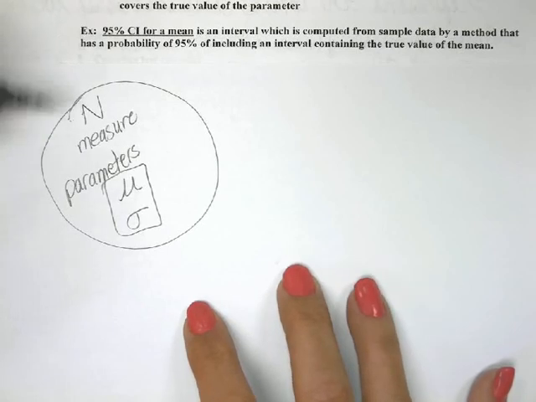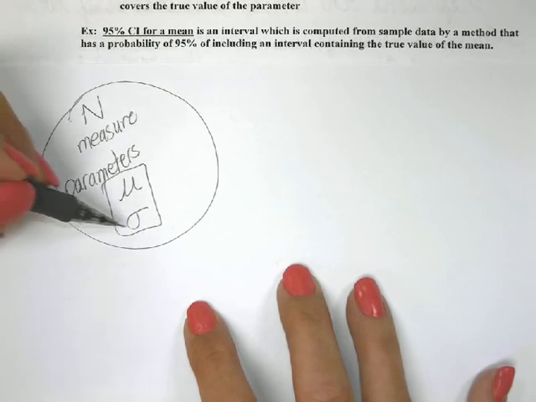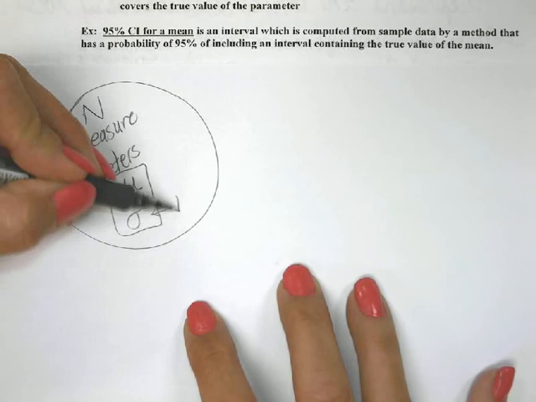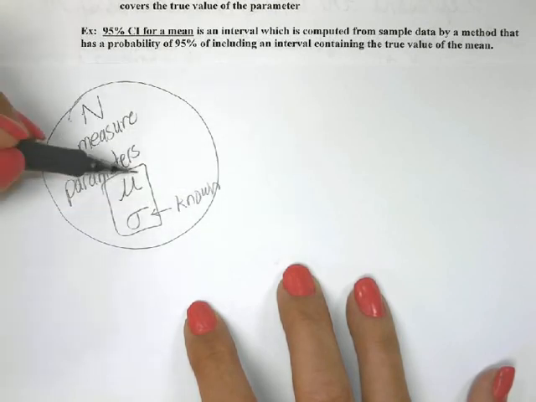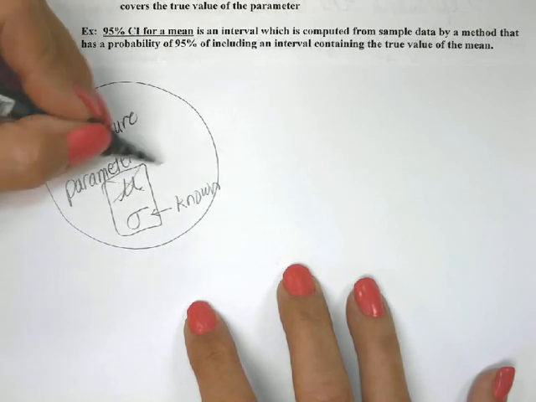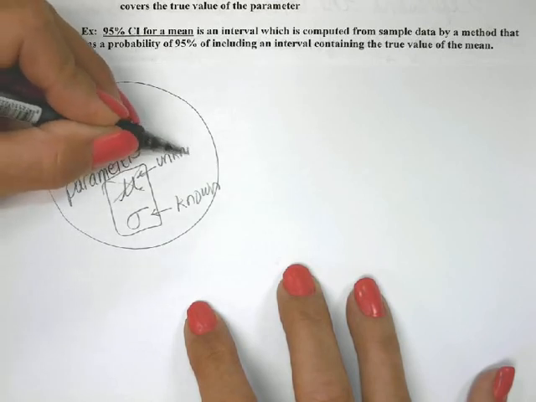So for this unit, we're going to push the limit a little bit. We're going to assume that the variability is known, that we know the standard deviation, but we don't know the mean. That's going to be unknown.